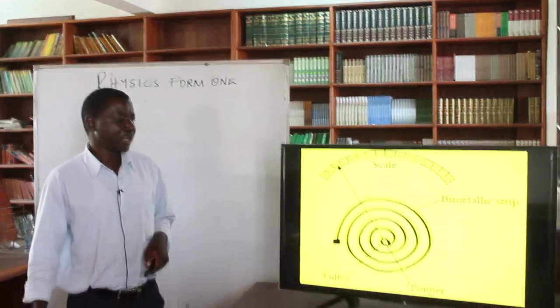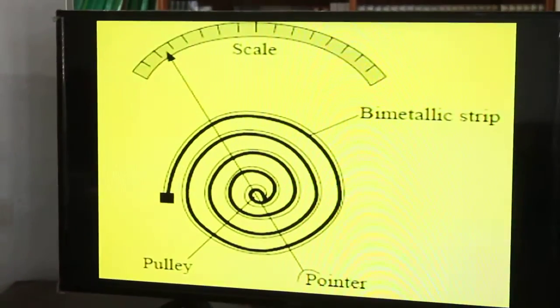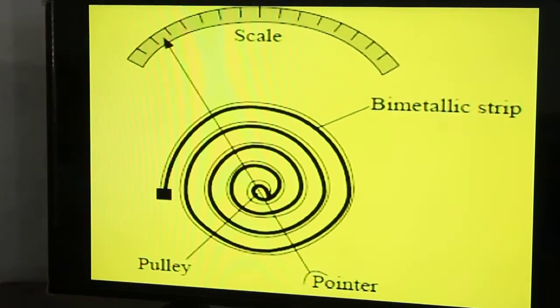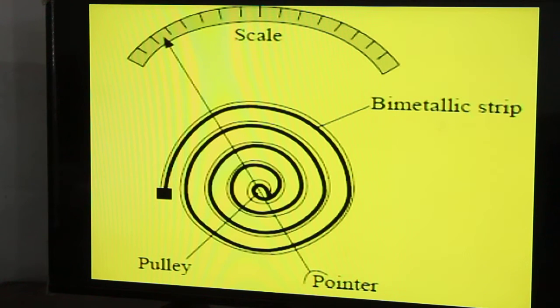It has two metals made in a spiral or curled together in such a manner that the two metals have different linear expansivities. Each one of those metals has its own linear expansivity, and particularly the one outside the curve has a higher linear expansivity than the one inside the curve.